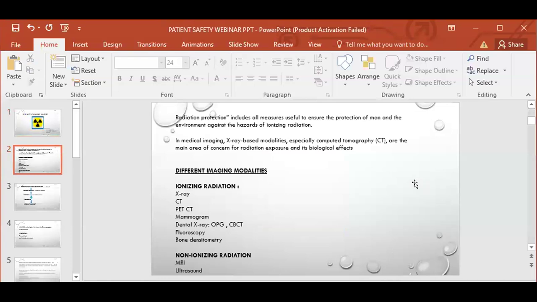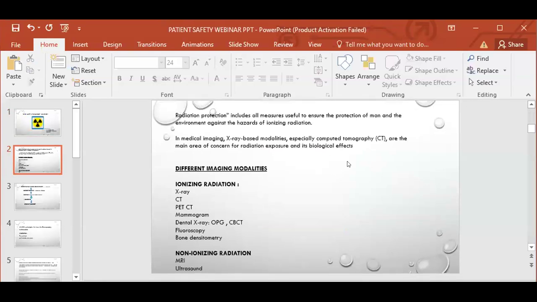Now, radiation protection, in summary, includes all measures useful to ensure the protection of man and the environment against the hazards of ionizing radiation. In medical imaging, X-ray-based modalities, especially CT, are the main area of concern for radiation exposure and its biological effects.